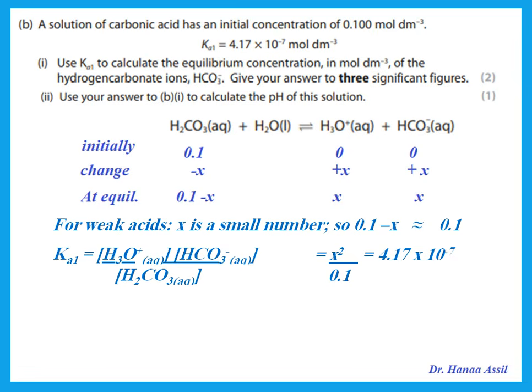He gives me the value of this as 4.17 times 10 to the minus 7. That means I can use it to get X.